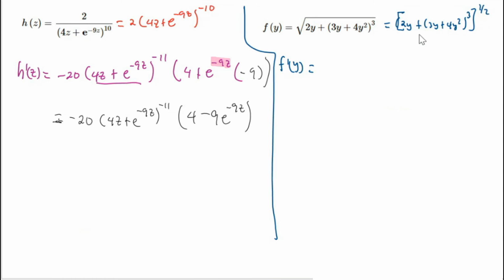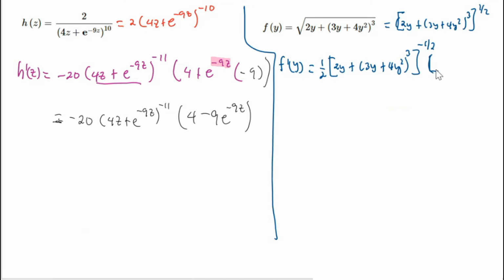Using first the power rule, we have 1/2 times the coefficient of this quantity, which is 1, times copy the entire radicand, 2y + (3y + 4y²) to the power of 3, raised to 1/2 minus 1, which is negative 1/2, times the derivative of this.